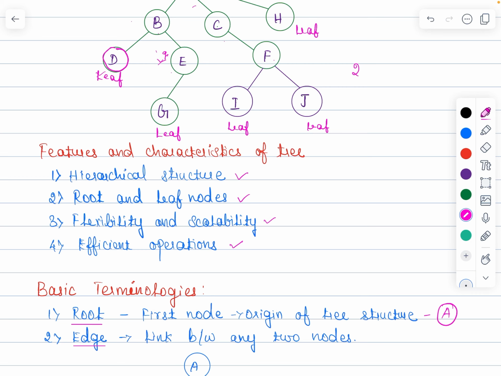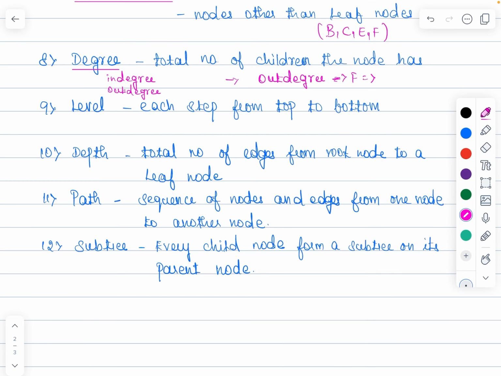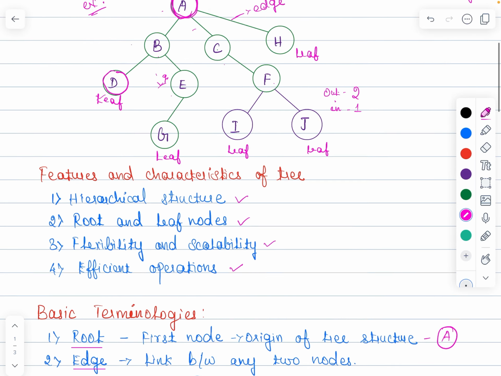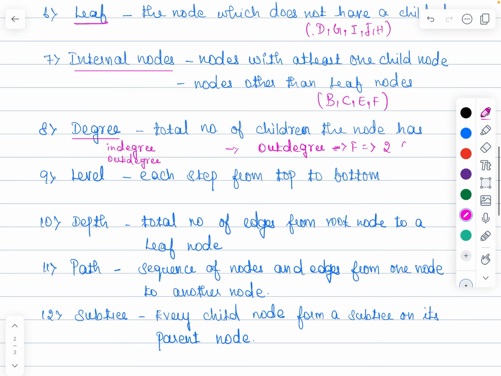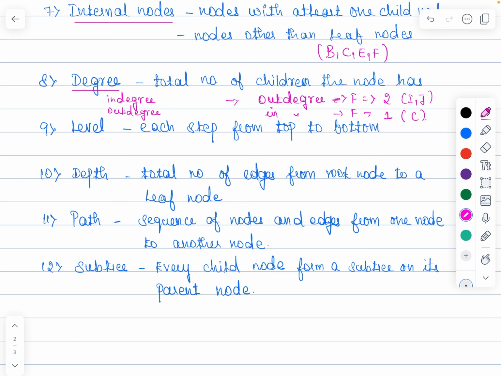In degree is the parent node, from which parent node it actually comes, so the in degree for node F is going to be 1, and that parent node is C. So this is how we are supposed to calculate in degree and out degree for each node.